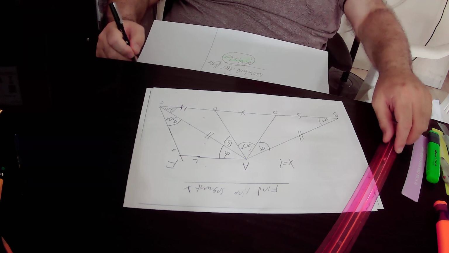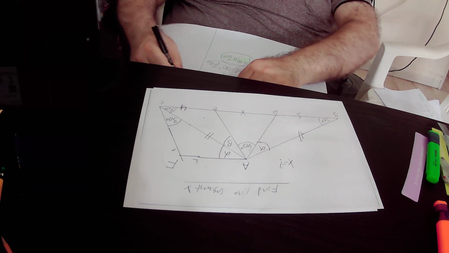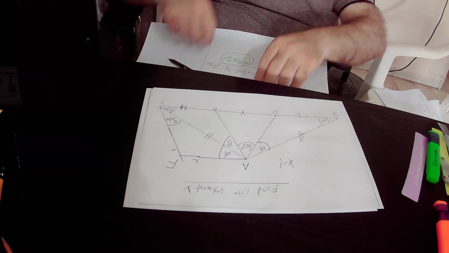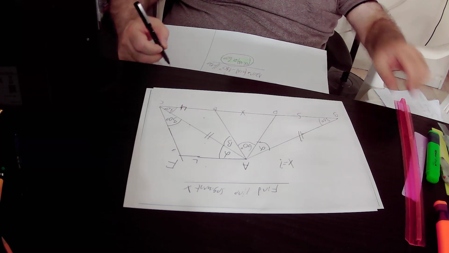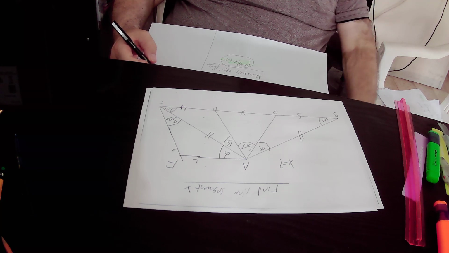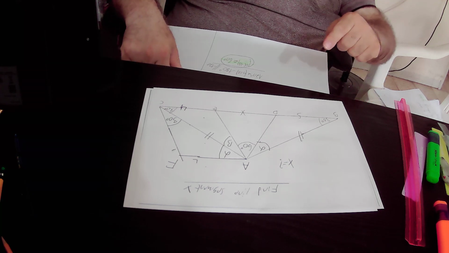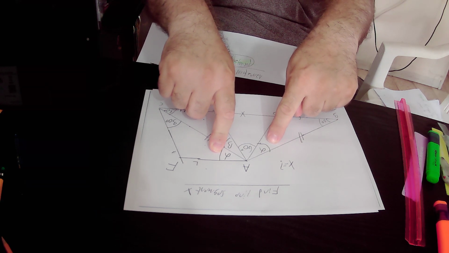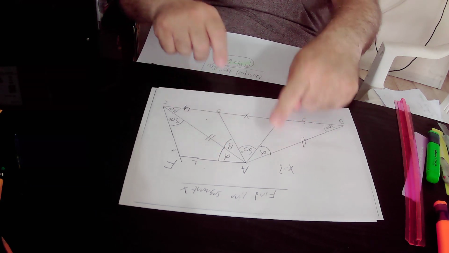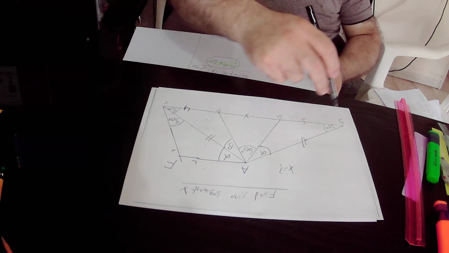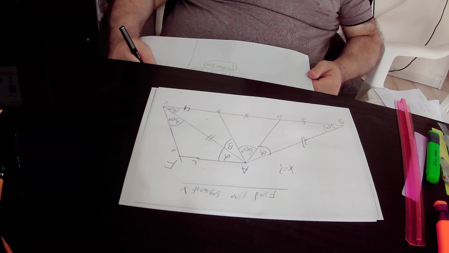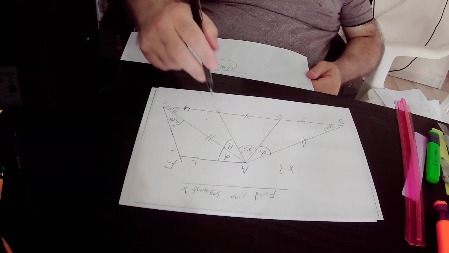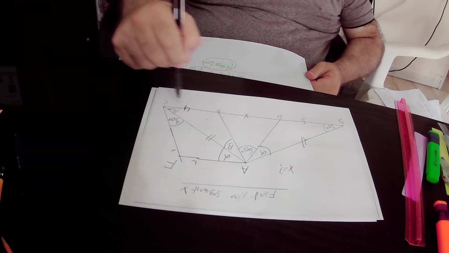Why can those two triangles fit onto each other? First of all, those two angles are both equal to alpha, therefore they are equal to each other. So I know that angle BAD, this angle, is equal to this angle, which is actually angle CAF.